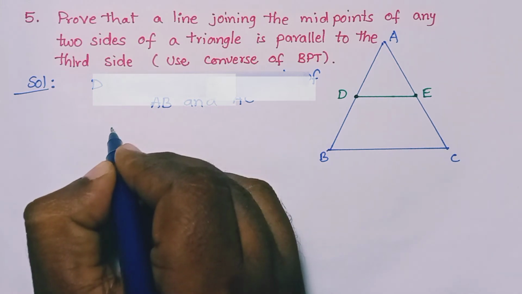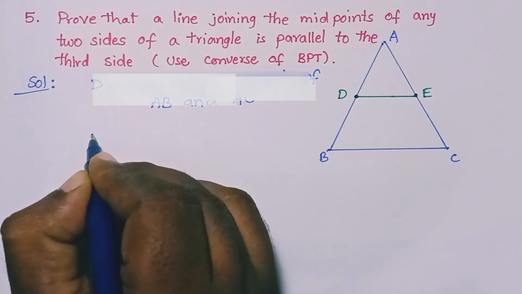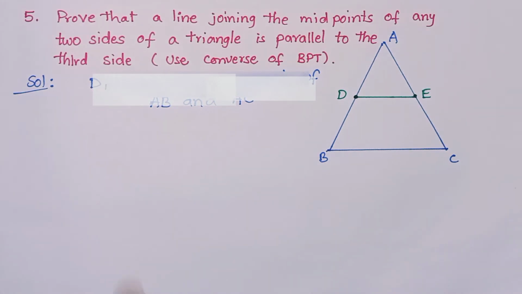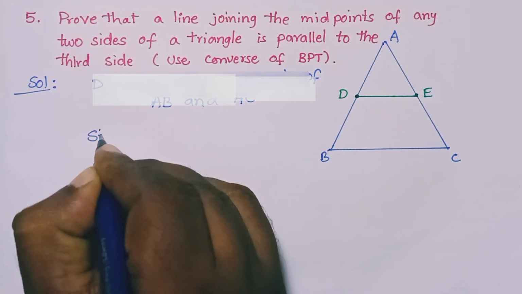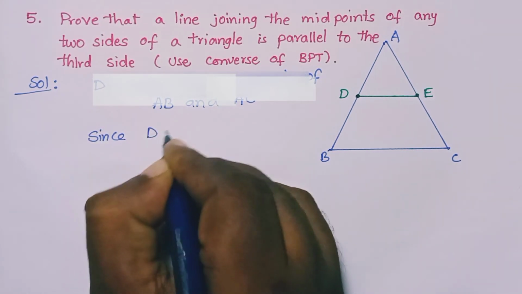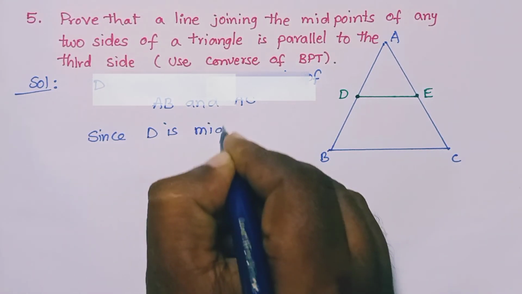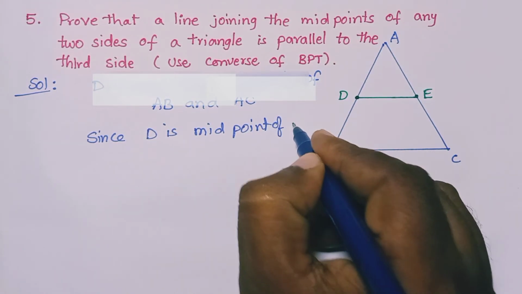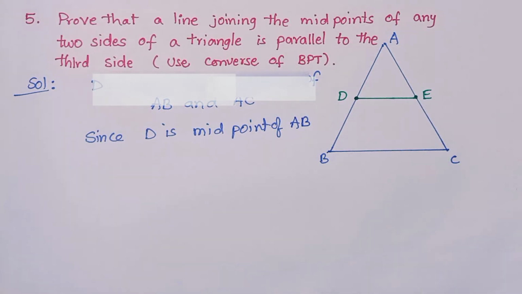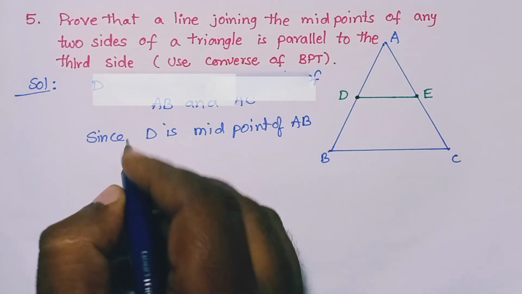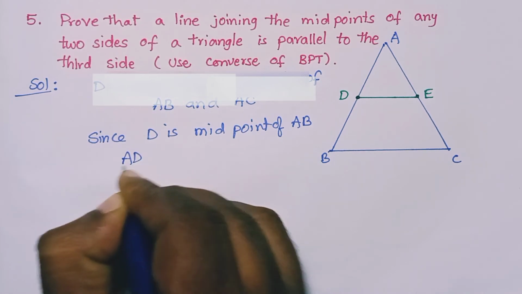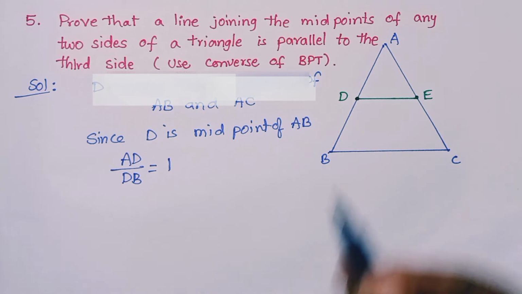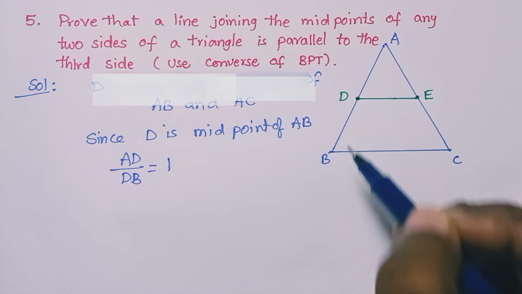So we can write AD by DB is equal to 1, since D is the midpoint of AB, AD by DB is equal to 1, because the lengths of AD and BD are equal.